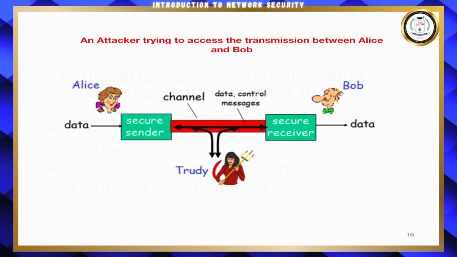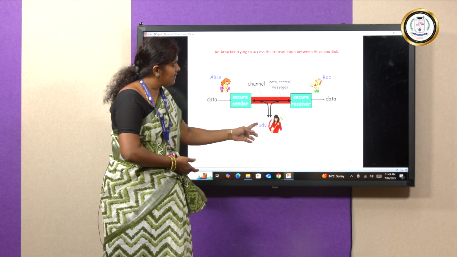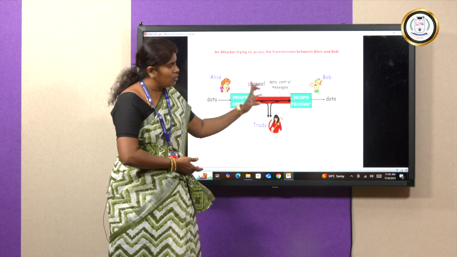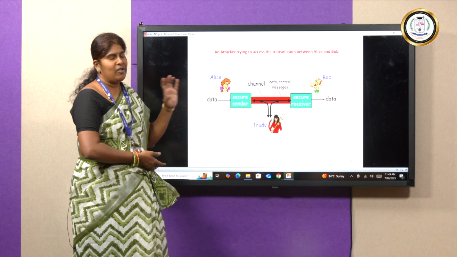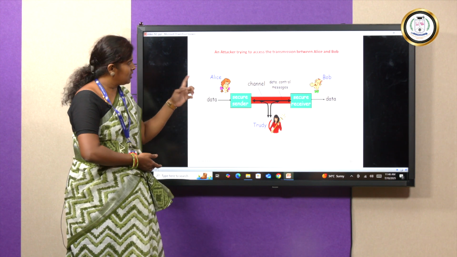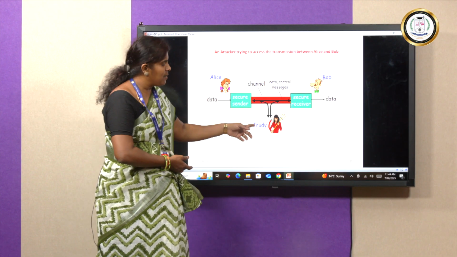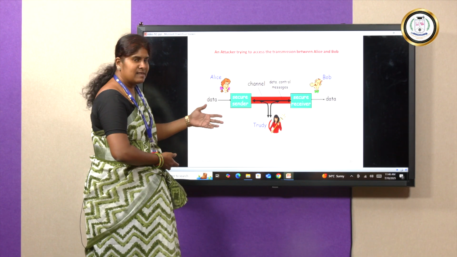So he is sending the message to Bob in such a way that as if Alice has sent the message. For example, Alice is sending hi. So what this Trudy will do is he'll convert this hi to hello and send hello to Bob. Now Bob will have assumption that I got a hello from Alice, but actually Alice has sent a message hi. So this has been modified by a person called Trudy. This is nothing but an attack.